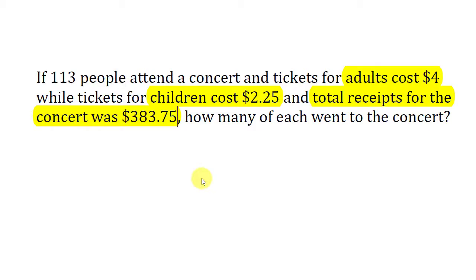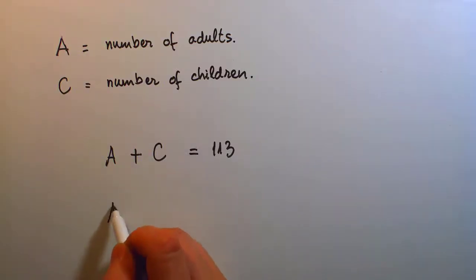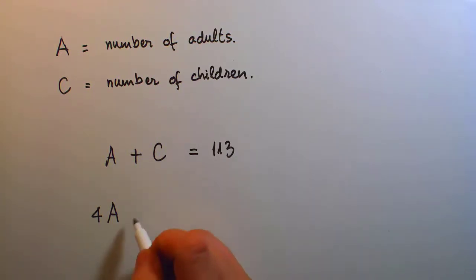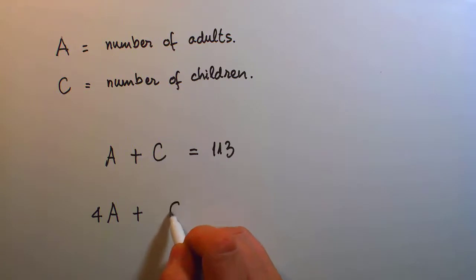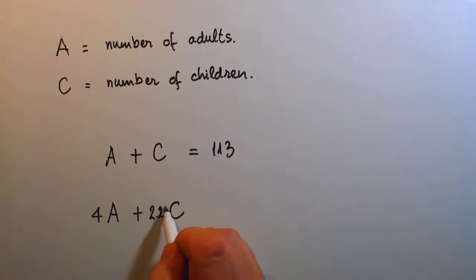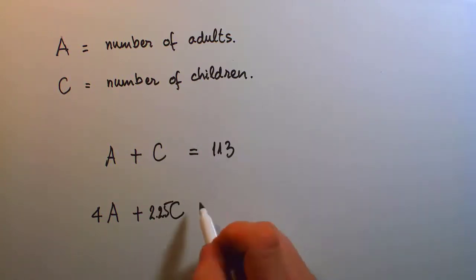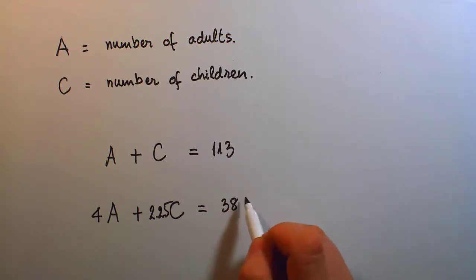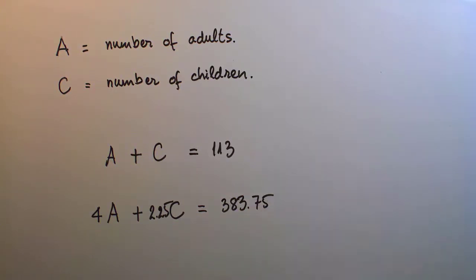This information is important. With A the number of adults at $4 each, we have $4 multiplied by A, added together with the number of children at $2.25 each. This total comes out, according to the receipts, to $383.75. So what we have found here is another relationship.